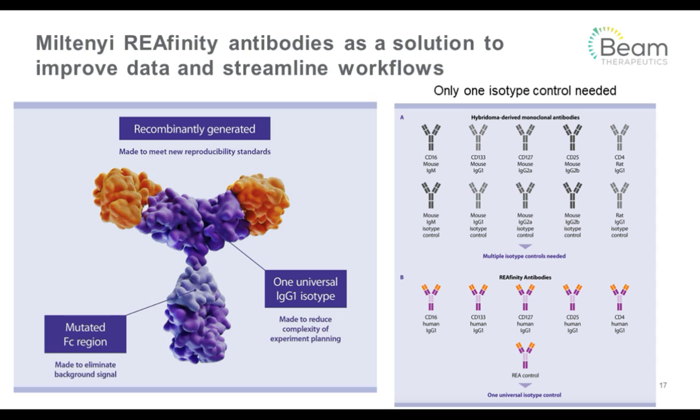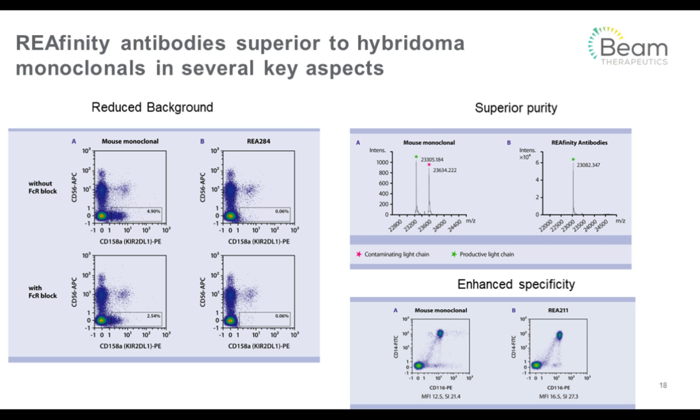If you have a panel of, say, 10 different antibodies here that have multiple different isotypes, it is extremely useful to be able to transition those to Miltenyi's REA system, to be able to only have one isotype control in all of your panels.